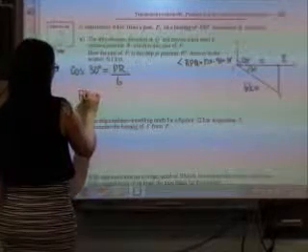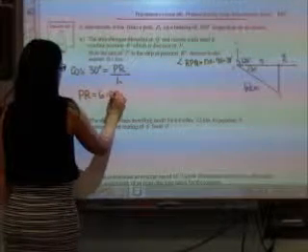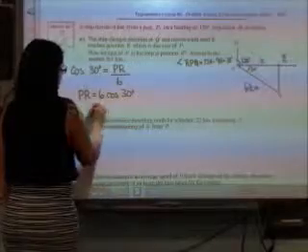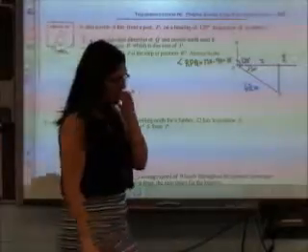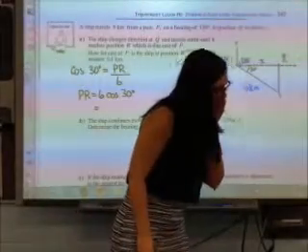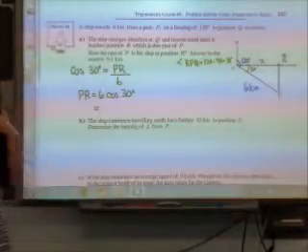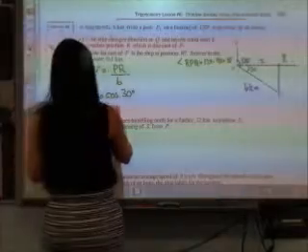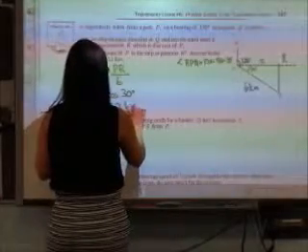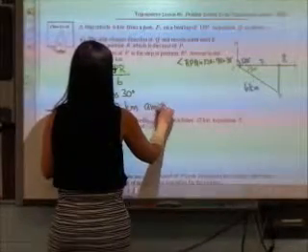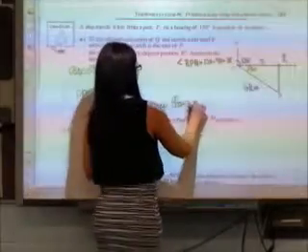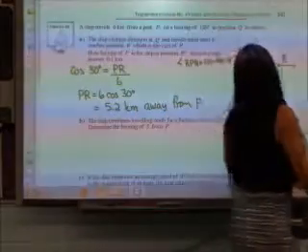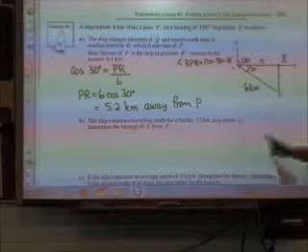So then PR would be 6 times cos 30. How many kilometers is that? To the nearest tenth, 5.2. So it's basically 5.2 kilometers away from the port.